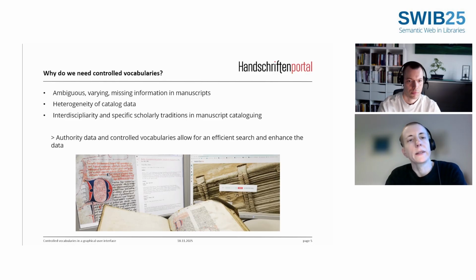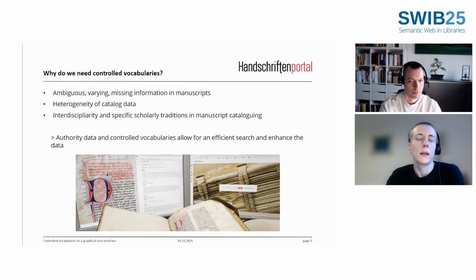The other thing is what I mentioned before, the heterogeneity of the data that we have. For example, in an old catalog from the 19th century, a certain phenomenon may be called by some term that is nowadays outdated, and we would call the same phenomenon by another term today. In order to perform a search which finds both of these terms, we need some kind of standardization. Another aspect is that the field of manuscript cataloging is a very interdisciplinary field.